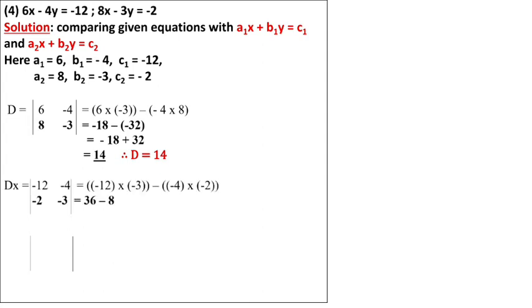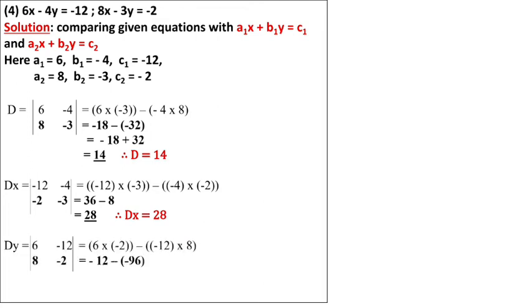For dx we will use c1 c2 and b1 b2. Minus 12 into minus 3 minus minus 4 into minus 2. 12 3s are 36, minus minus plus, minus 4 into 2 is 8, minus minus plus. So 36 minus 8 we get 28. So the dx value is 28.